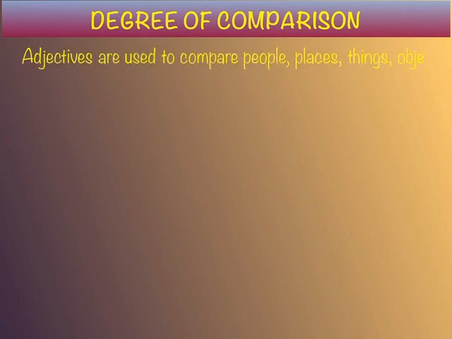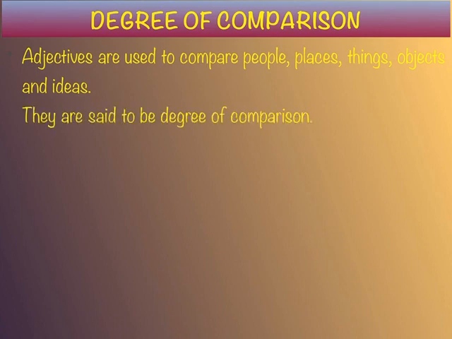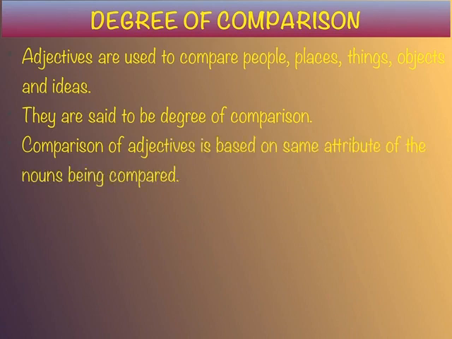So now let's see the degree of comparison. What is degree of comparison? Adjectives are normally used to compare people, places, things, objects and ideas, and so these adjectives are said to be used for comparing the nouns, and they are said to be degree of comparison. Comparison of adjectives is based on the same attribute of the nouns being compared.